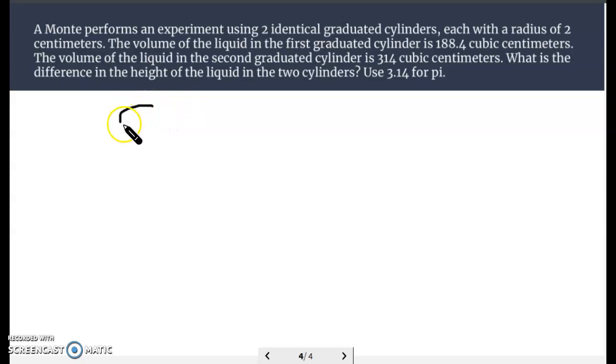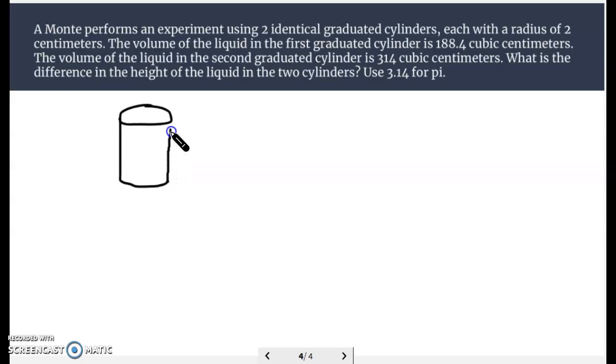So we have these 2 cylinders. Just draw a rough sketch here real quick. They say they're both identical. Draw them as identical as I can. They both have a radius of 2. Here's the radius. R equals 2. Same thing over here on this one.